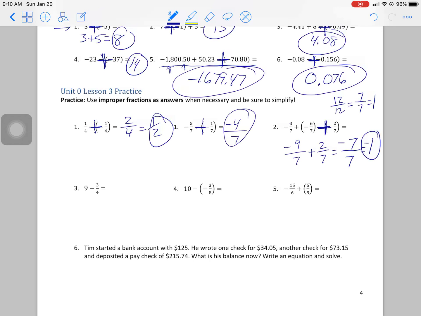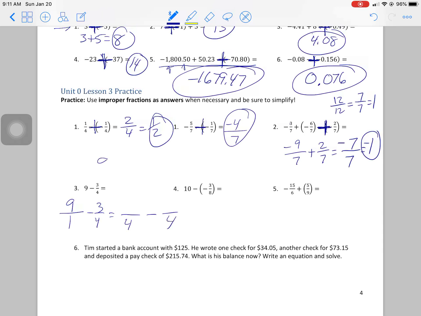All right. Oh, what do we do if there's a whole number and a fraction? Remember I said that when I'm adding fractions, I need denominators that are the same. Well, 9 is the same as 9 over 1 minus 3 over 4. So we don't have the same denominators. So I need to have a 4 and a 4.